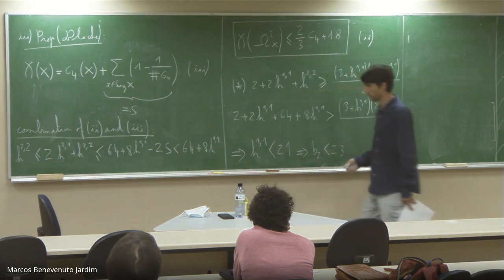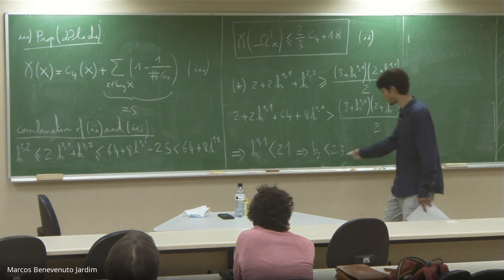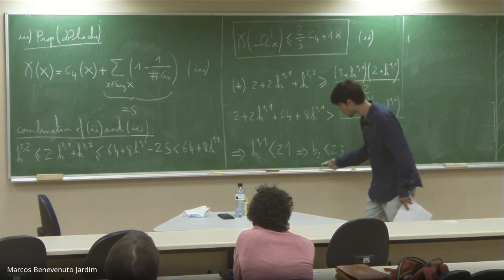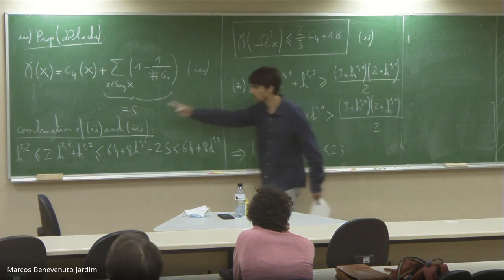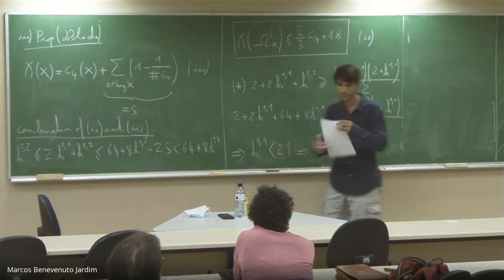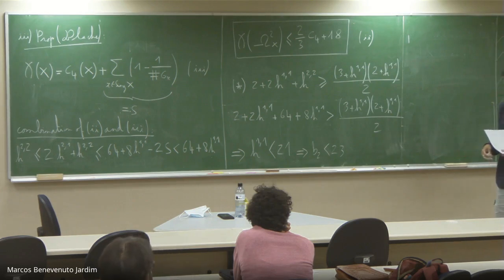When it's singular, it has to be strictly bigger than 23. So when it's 23, necessarily S has to be equal to 0.